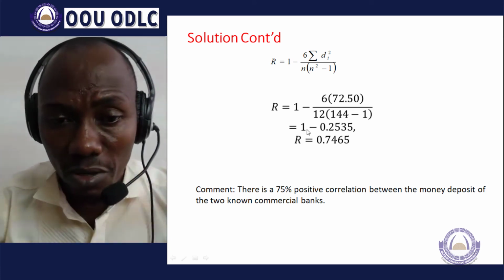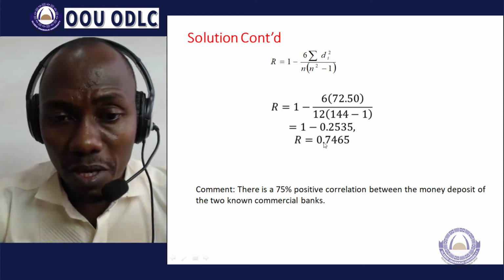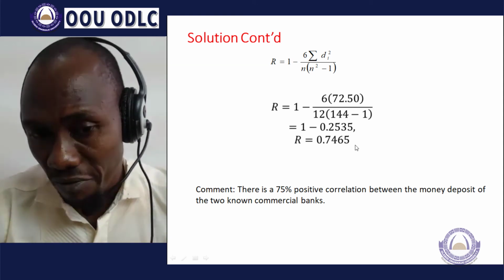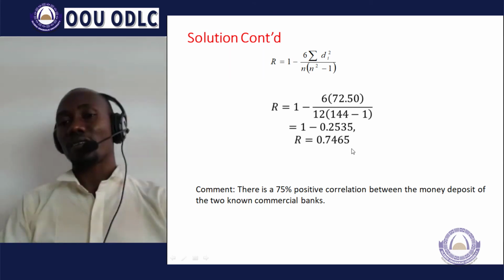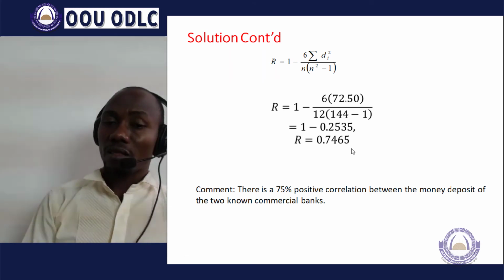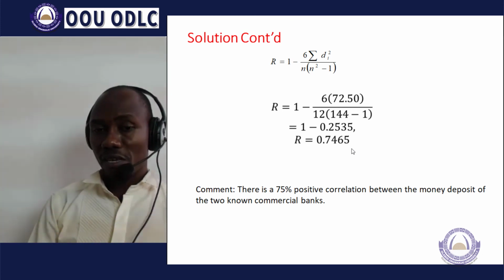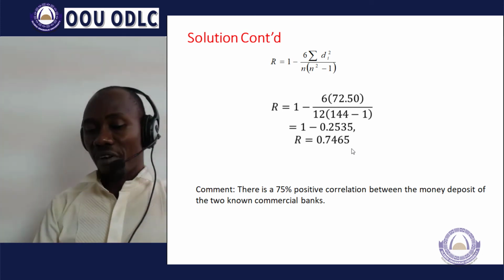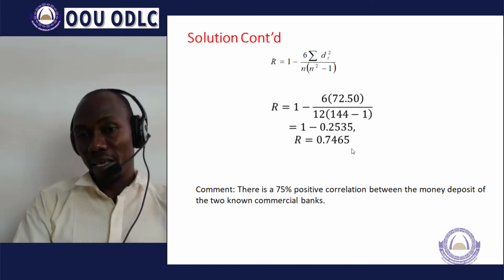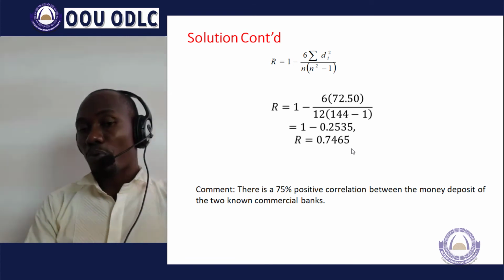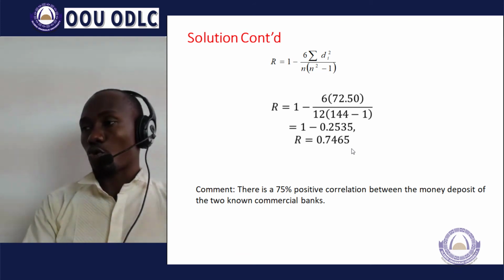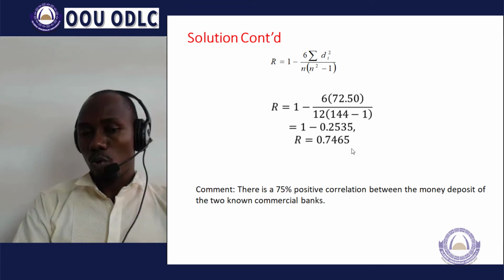Substituting these values into the formula of Spearman's rank correlation coefficient, as done on this slide, we obtain, after simplification, R to be equal to 0.7465, which is approximately 75%. Two things you observe about the value of R here: one, the value of R is positive, and two, the value of R is high. 0.75 is close to 1.